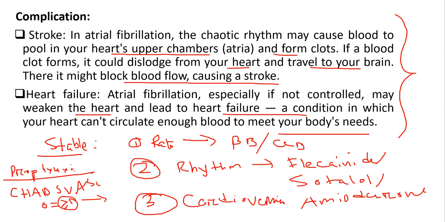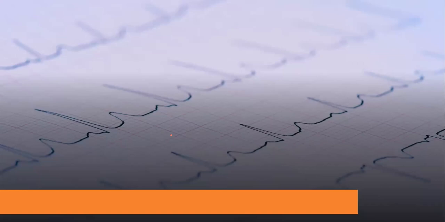Nowadays the guideline has changed. Let me just draw it for you. The guideline is something like this. If an AF patient needs anticoagulants, you will first find out whether this patient has any prosthetic heart valve or any valvular problem.